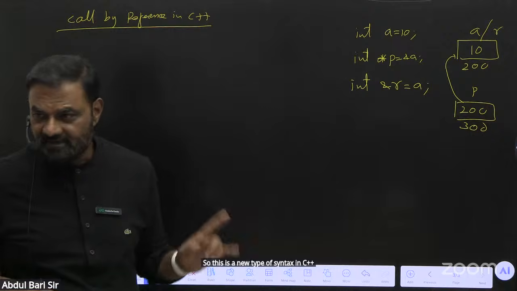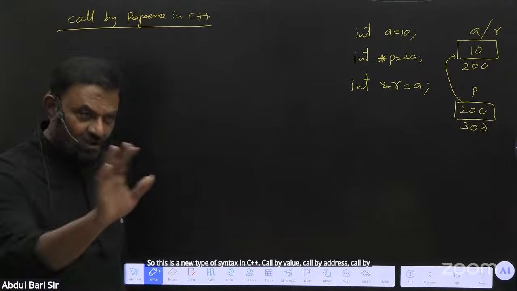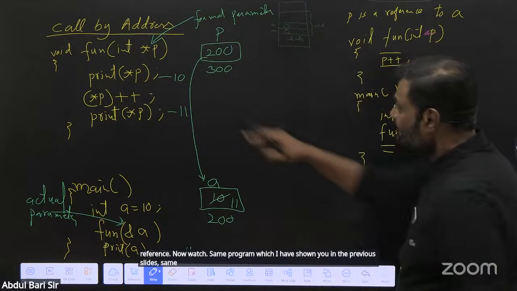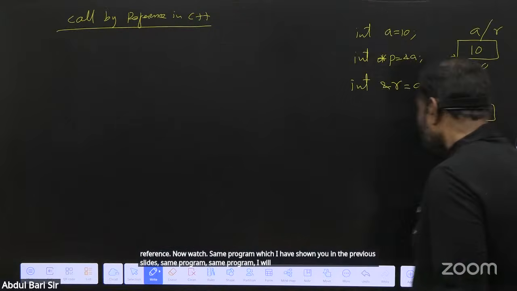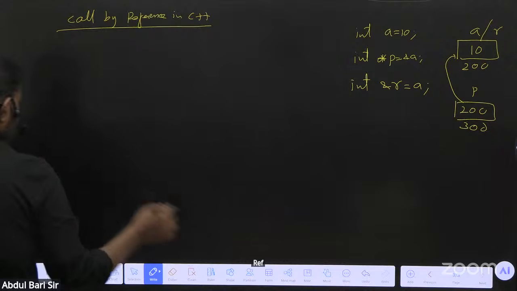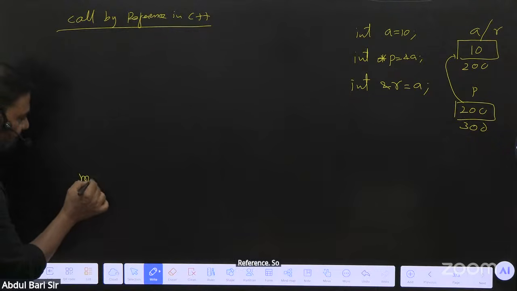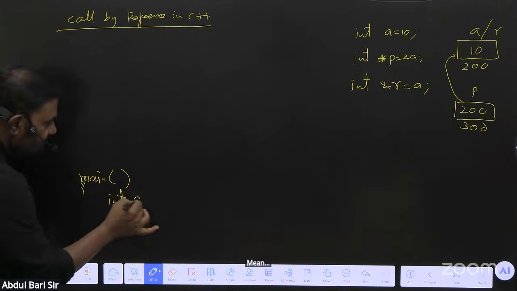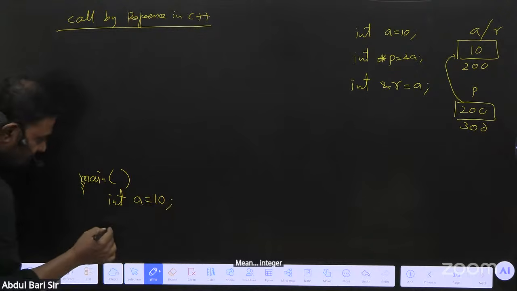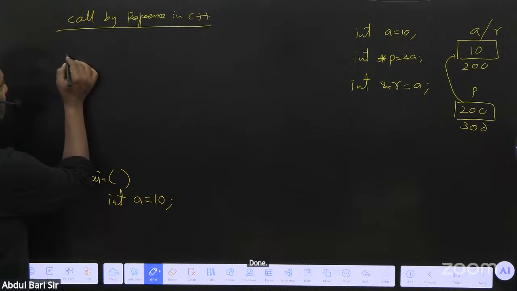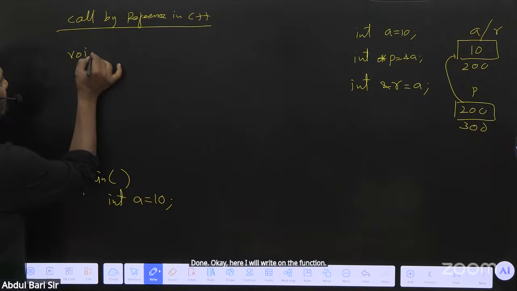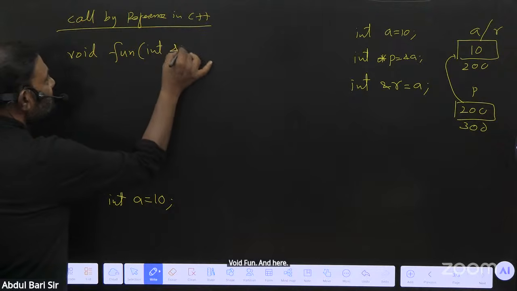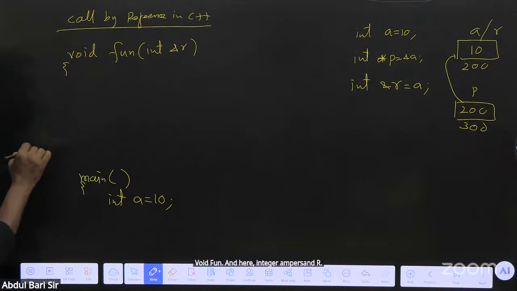Call by value, call by address, call by reference. Now watch. The same program which I have shown you in the previous slides, I will write it using call by reference. So look at it carefully. Main, integer a equals 10. Then here I will write the function void fun, with integer ampersand r.